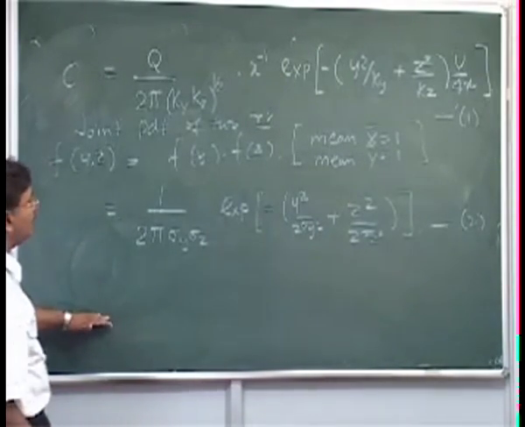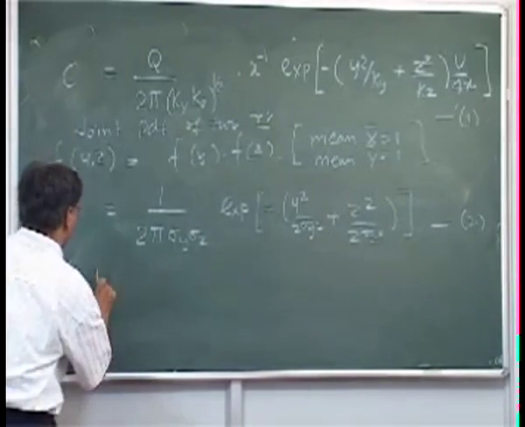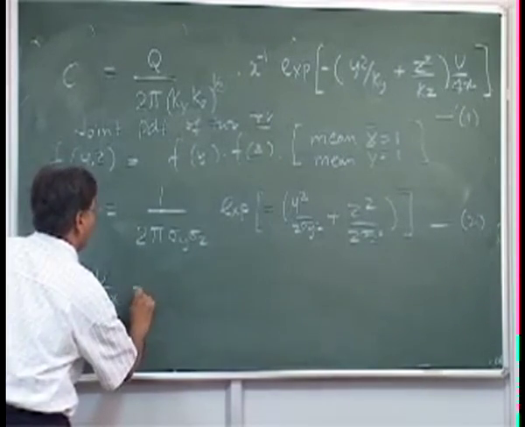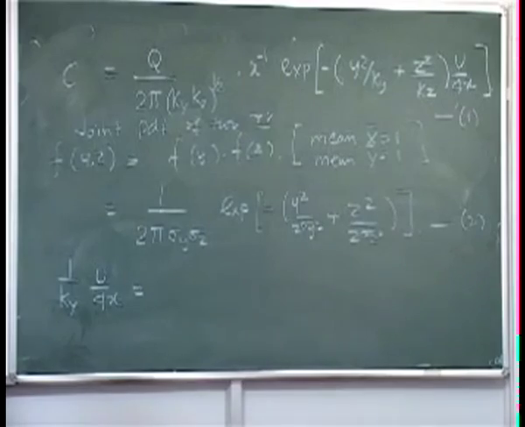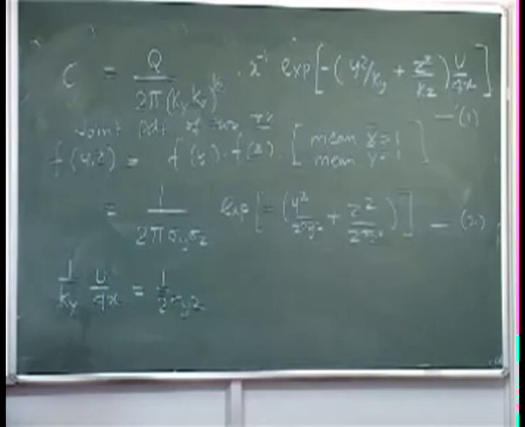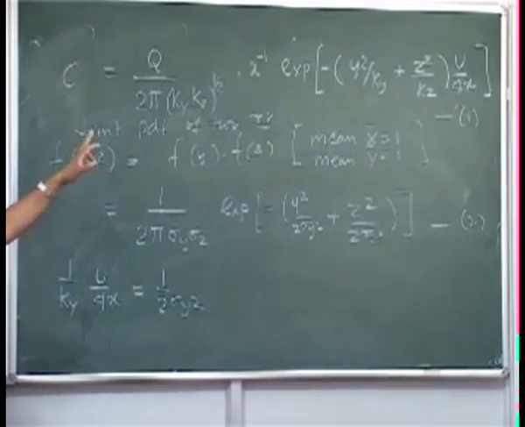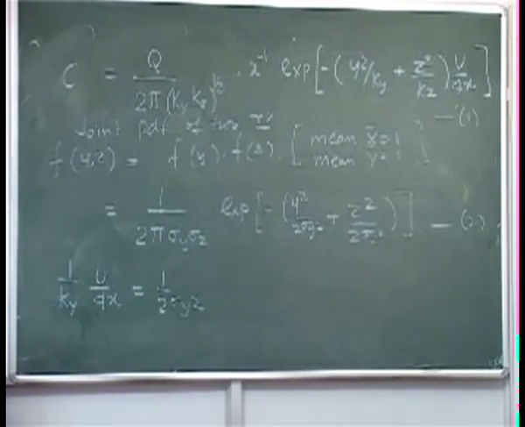So 1 upon ky times u upon 4x is equal to sigma y square. I'm just comparing that, and these can be just scaling parameters here, but then it's essentially a joint probability density function, and I equate this, and correspondingly I'll change my other things also.